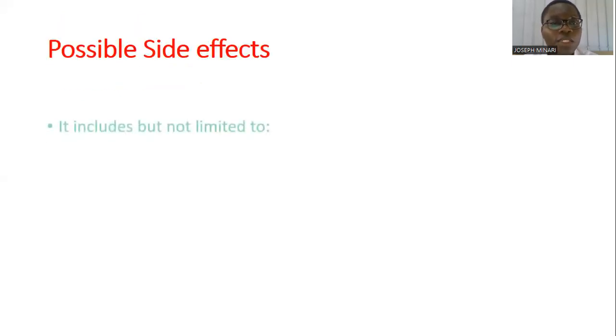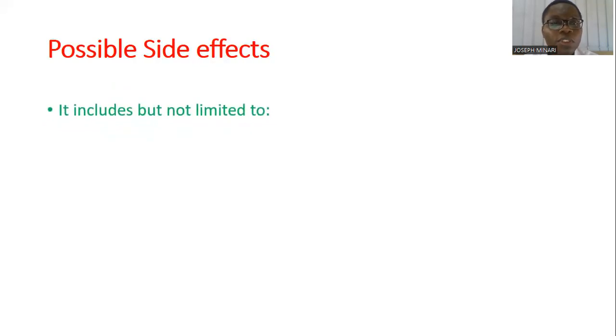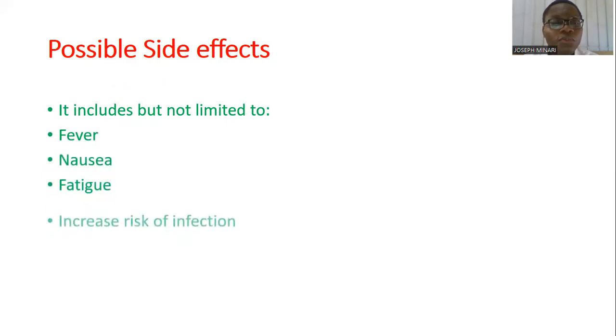Success rates of this CRISPR drug on sickle cell have been very remarkable. We have about 97% success rate. However, we have some side effects, which include but are not limited to fever, nausea, fatigue, and increased risk of infection.